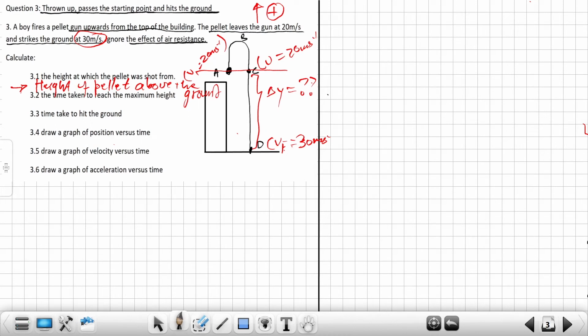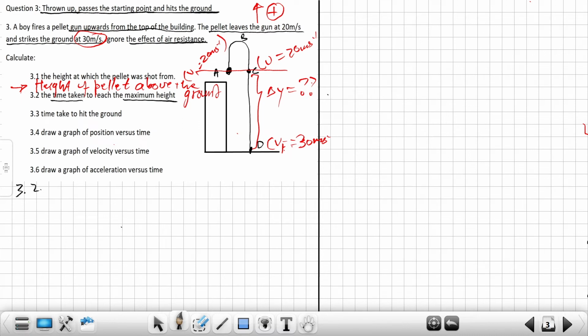So we are at 3.2. So at 3.2, we look now for the motion of AB, because they're saying now calculate the time taken for the pellet to reach the maximum height.